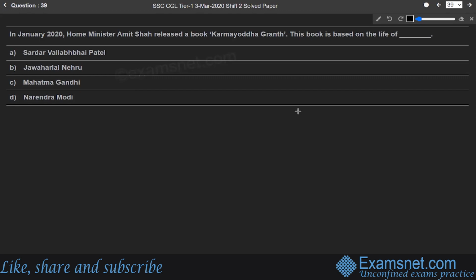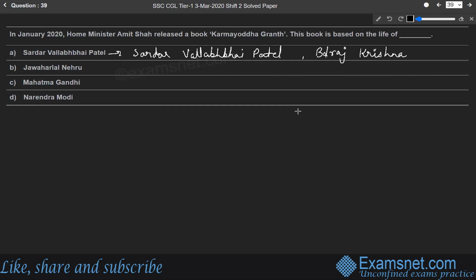First is Sardar Vallabhbhai Patel. The book that was written for Sardar Vallabhbhai Patel is Sardar Vallabhbhai Patel. This book was named after his name only, and this book was released by Balraj Krishna. He was the author of this book. Next is Jawaharlal Nehru.